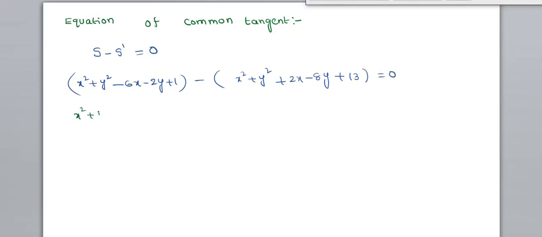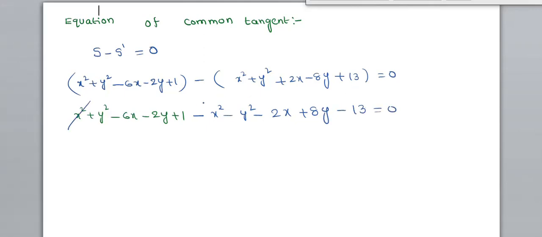So x square plus y square minus 6x minus 2y plus 1, minus x square minus y square minus 2x plus 8y minus 13 equal to 0. So x square minus x square cancels, y square minus y square cancels. So minus 8x plus 6y minus 12 equal to 0.